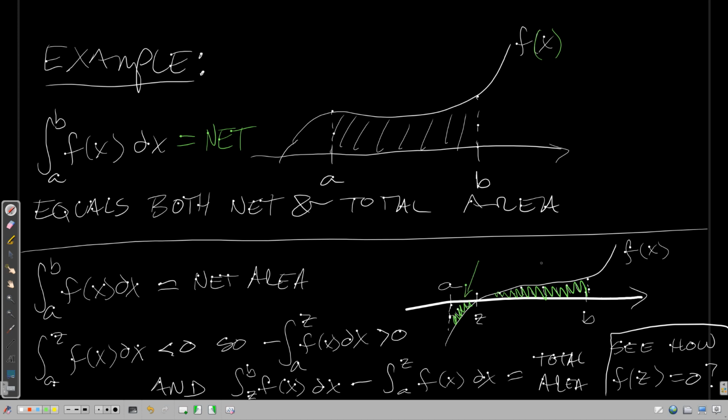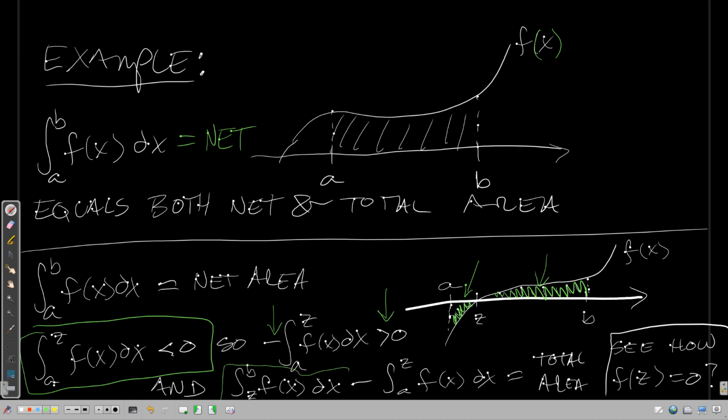And I'd have to find what this positive area is and add it to this positive area. But since f is below the x-axis on a to z, then the integral from a to z will be less than 0. It'll be negative. Consequently, if I just multiply that integral by a negative, then I'm going to get that positive area.